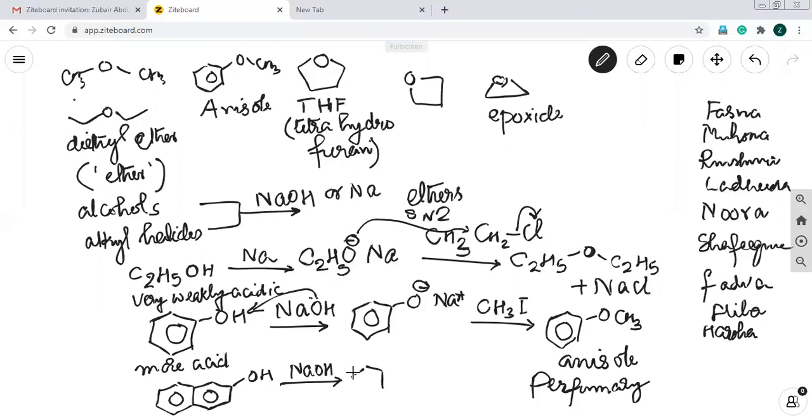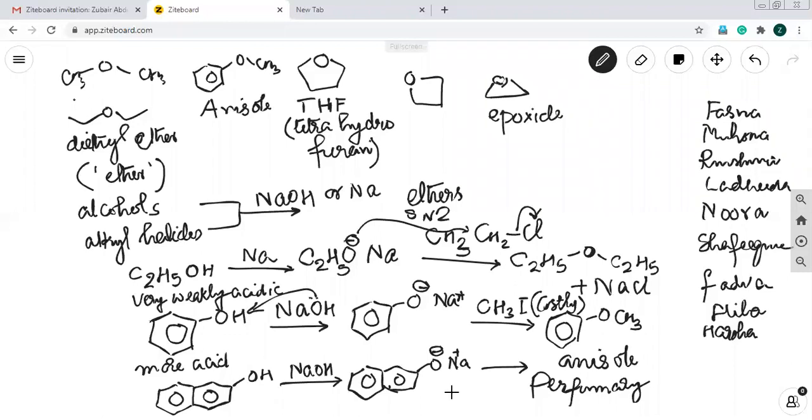You will get the corresponding phenoxide. Okay. And see, this methyl iodide is very costly. Iodine compounds are very costly. So you cannot afford to use it.